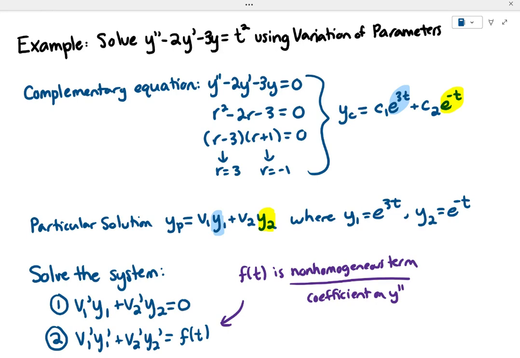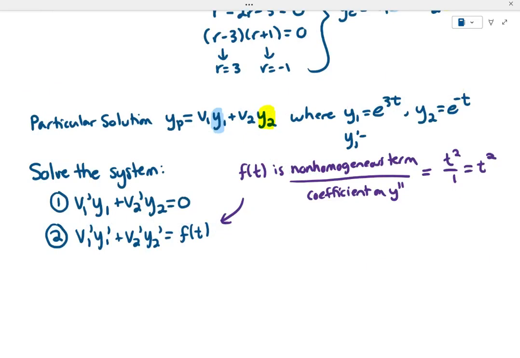Since the coefficient on y double prime in our differential equation is just a 1, f of t is just the non-homogeneous term, t squared. y1 prime equals 3e to the 3t, and y2 prime equals negative e to the negative t.